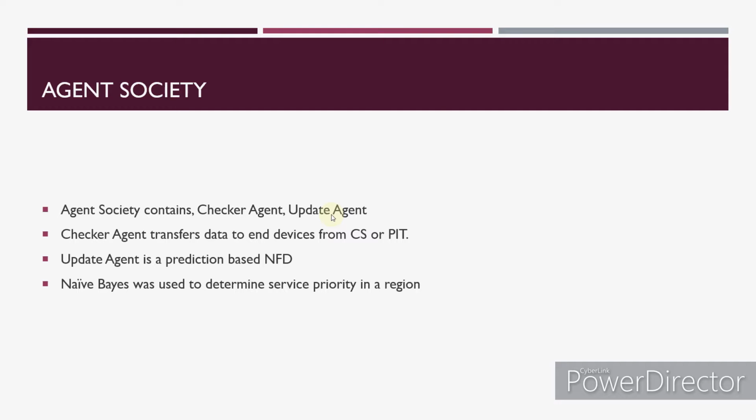The prediction here is done in Azure Machine Learning Studio for our convenience, but later as we progress, we may change it to something more convenient so that it can be used across different platforms. And we use naive Bayes to determine service priority in a given specific region.